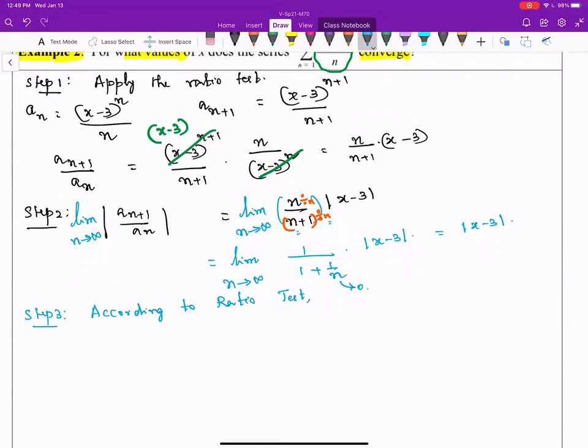According to the ratio test, when absolute value of x minus 3 is less than 1, the series would be absolutely convergent.